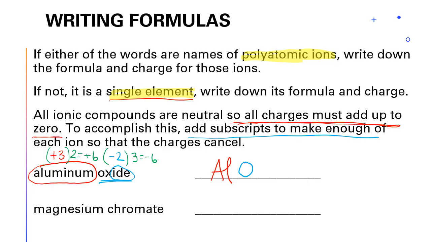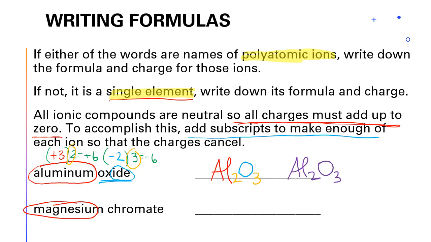Which means that I'm going to need 2 aluminums and 3 oxygens, Al2O3. And by writing that charge and that scratch work off to the left, my final chemical formula looks pretty and nice, Al2O3.